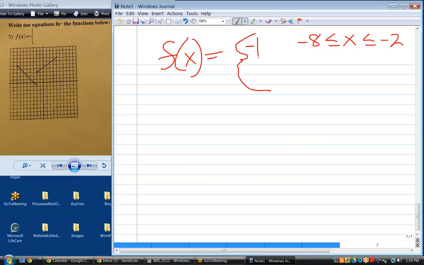So I would write it like this, only we don't need that 1. So I'll just leave the negative x. Now, that's not the full equation of that line because it would have a y-intercept. Where would that intercept the y-axis if it kept going?